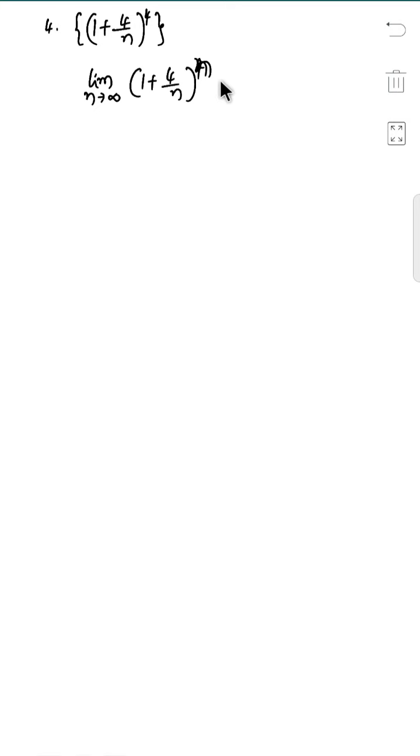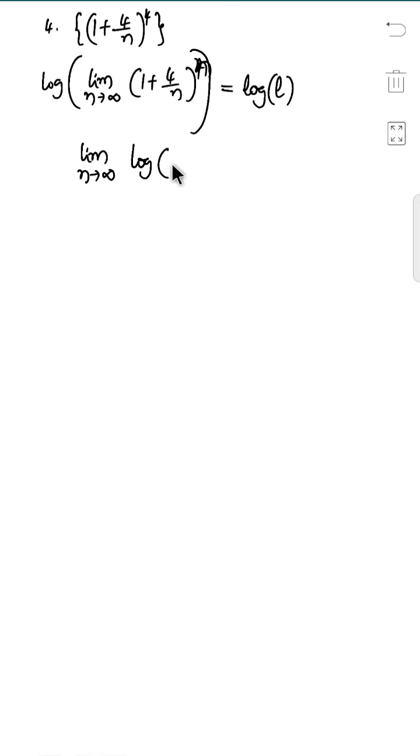So let's say this limit is L. We apply the logarithms on both sides. We take log L here. The logarithmic function is continuous, so the limit can be interchanged with the logarithm.